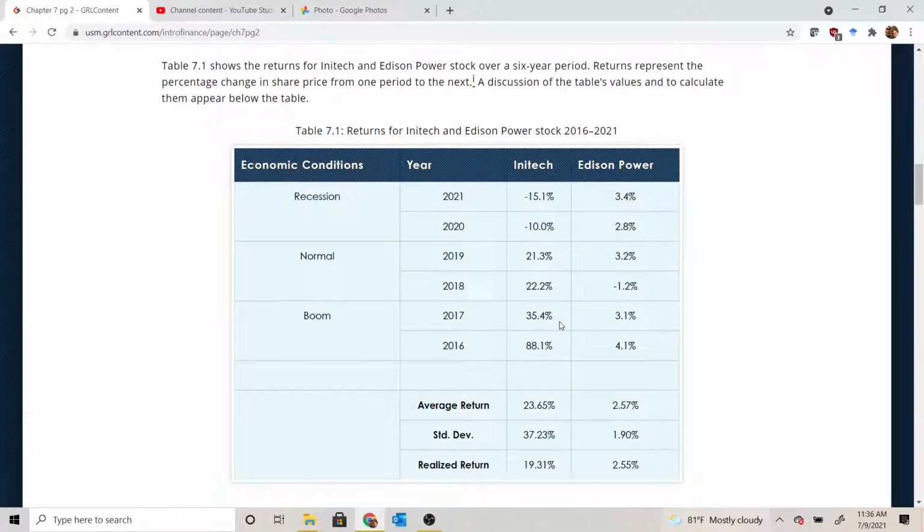Well, we have compound interest happening there. We're going to earn in 2017 35.4% not only on the initial investment that we made into the stock, but also on the additional 88.1% return that we earned in 2016. And that compounding is going to happen every period that we hold the stock.